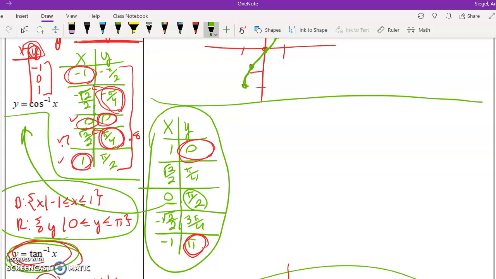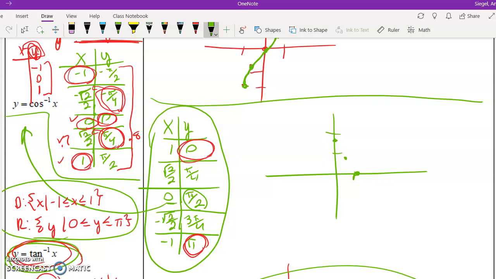Okay, so the graph for the cosine, just go ahead and graph this. So 1, 0, square root of 2 over 2, that was 0.7, then 0.8, so it's going to look like that. 0, pi over 2, so about there.